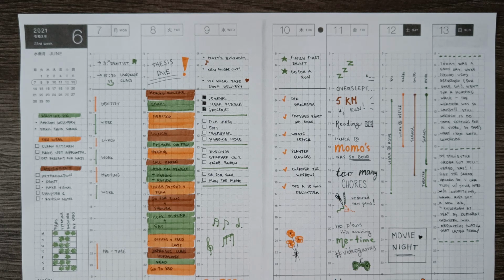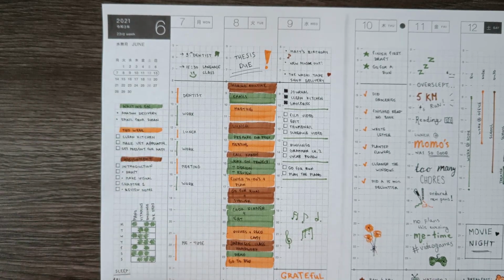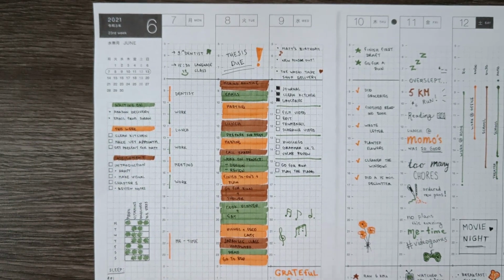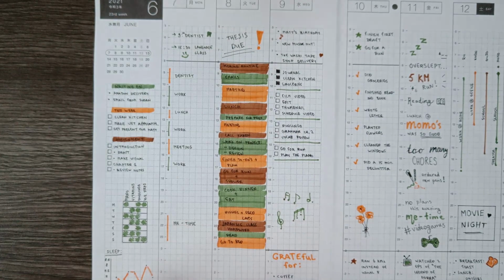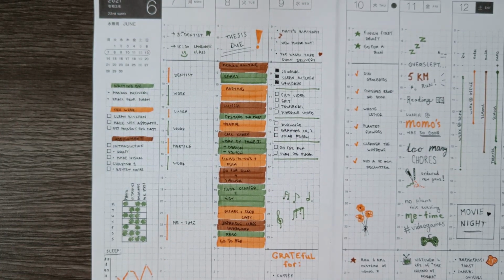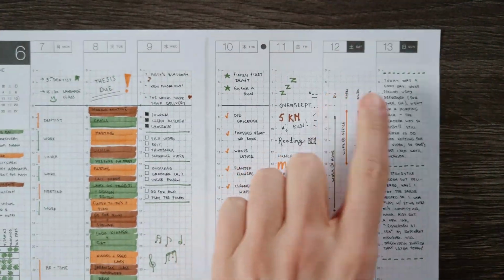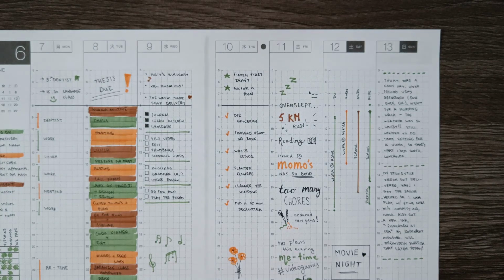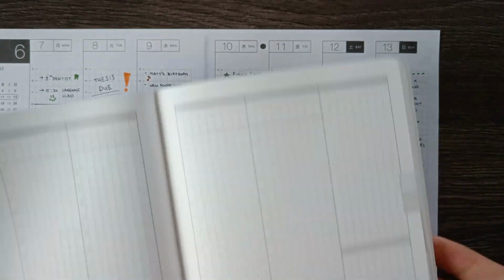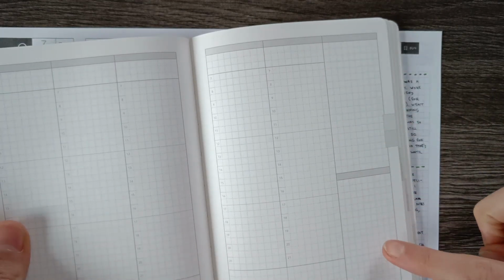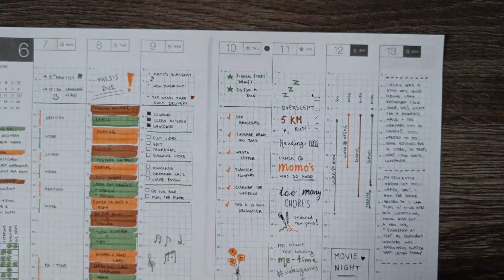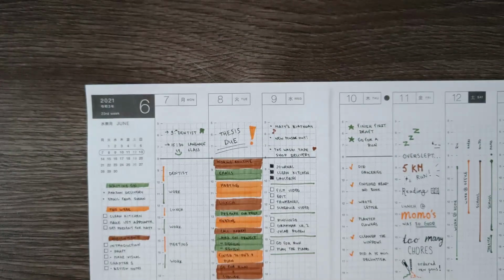Some factors that may vary are the presence or absence of a sidebar, which is the bar here on the left, the length of the timeline, in the Hobonichi that runs from 5 a.m. to 5 a.m., but in some planners that goes from like 8 a.m. until 10 p.m., and whether both days of the weekend get their own column, which the hobonichicousin does, or they are stacked on top of each other, like here in the Wonderland 222. Now, let's dive into it, shall we?